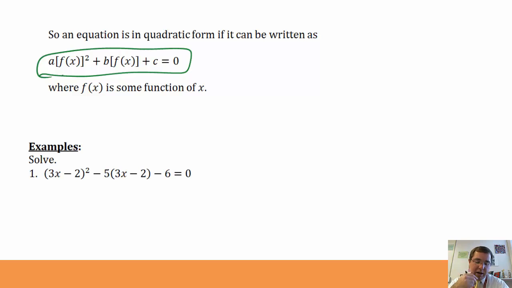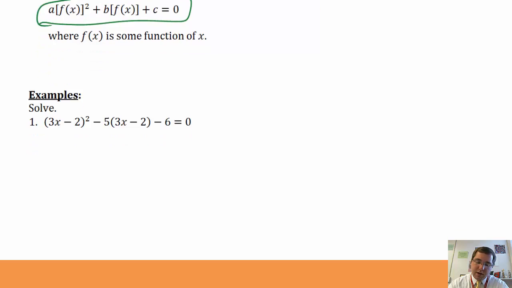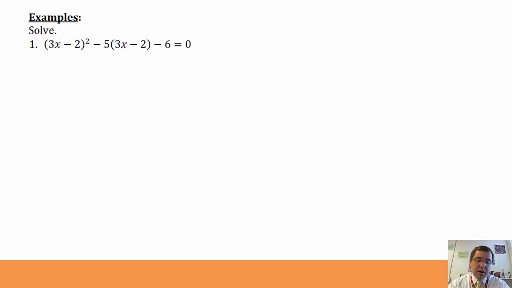So here's how we do it. I've taken our second one from above, the 3x minus 2 equation, and the way we do this is to say, let's let y be 3x minus 2. We could use z or w or a, whatever variable you want to use.